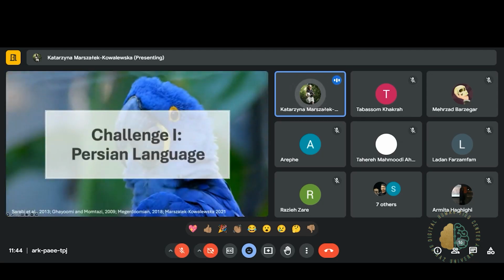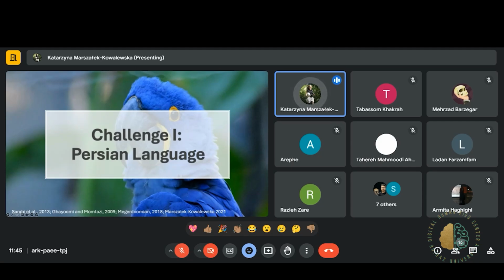So the first part, the first challenge, is the Persian language itself. I would like to acknowledge here that the majority of the information regarding this first part, the challenges of the Persian language, comes from the resources listed here. We have 4 different resources.